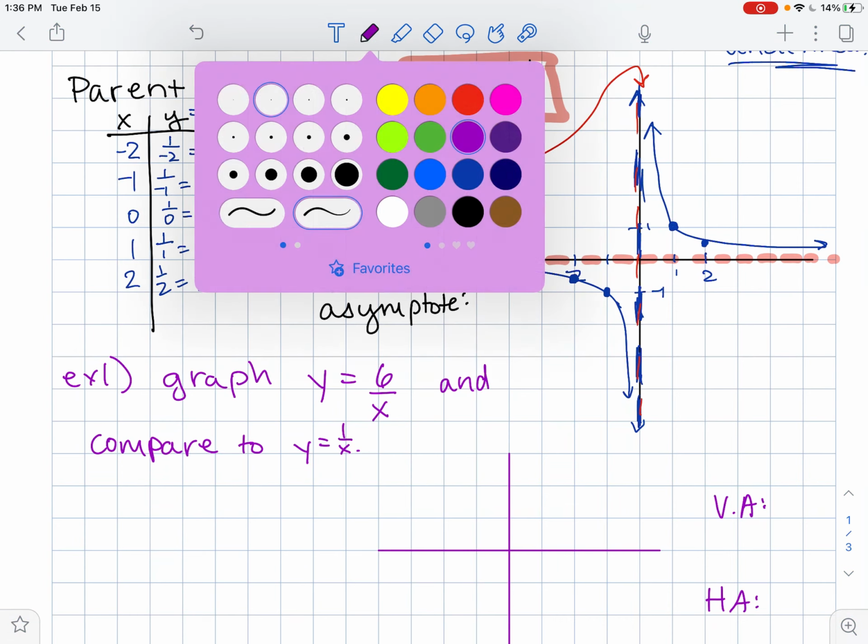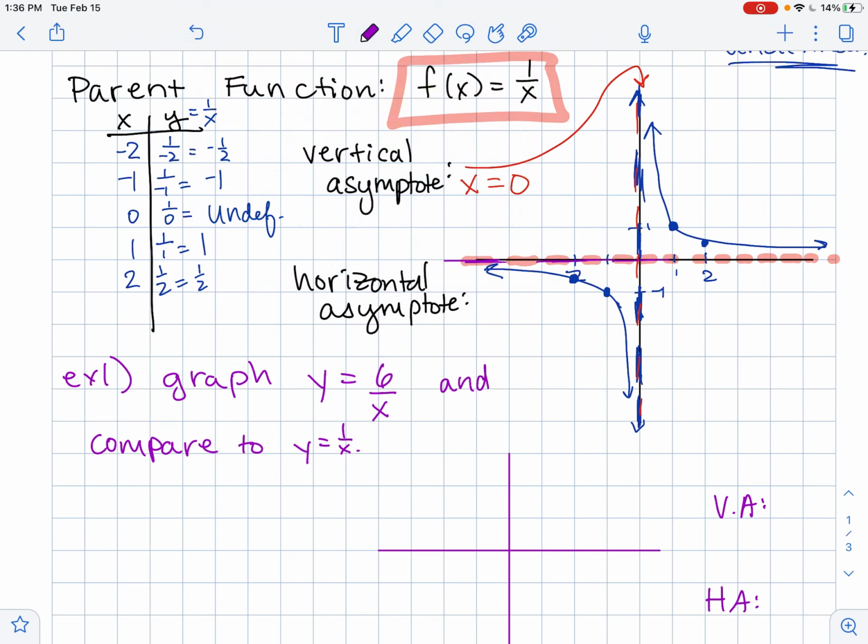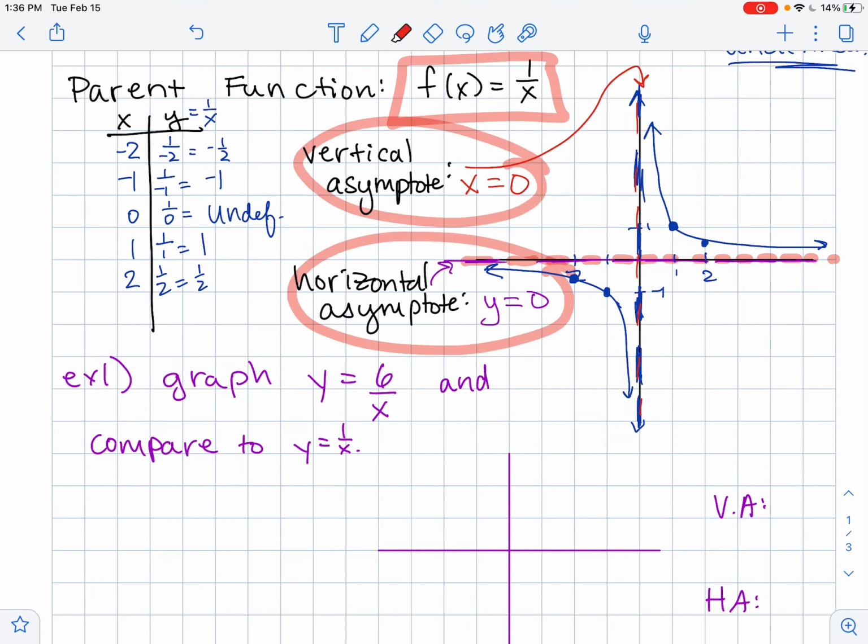We also see a horizontal asymptote, where y equals 0. These are super important pieces of information that we look at first, because those asymptotes guide where your graph is going, since it can't cross them.